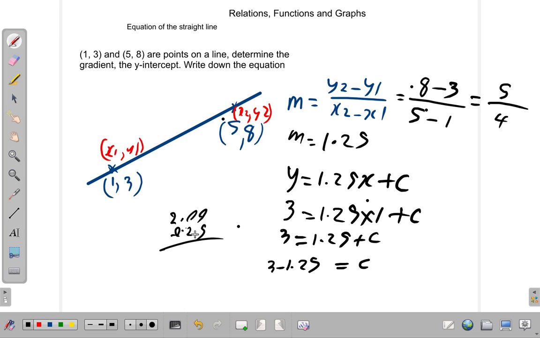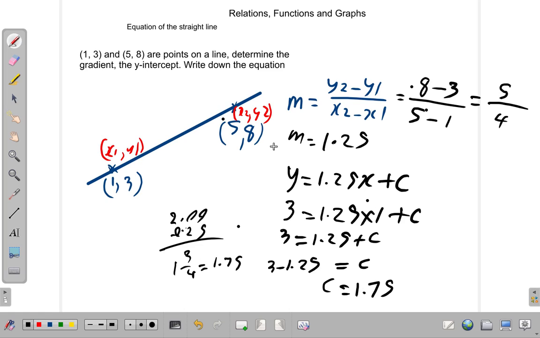If you have 2 and you take a quarter away, then you will have 1 3/4 left, which is 1.75. So c is equal to 1.75.